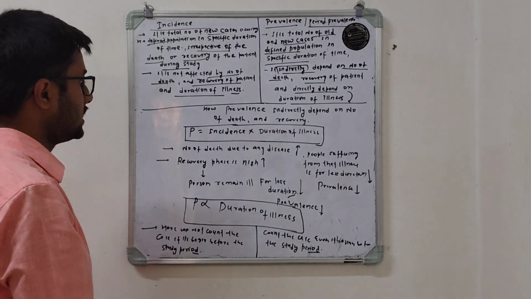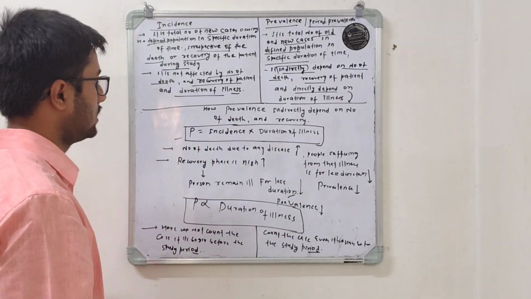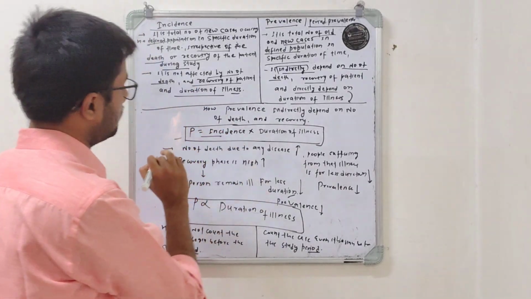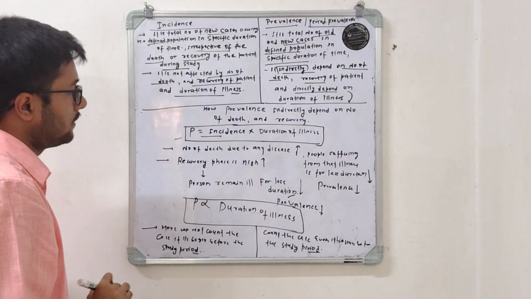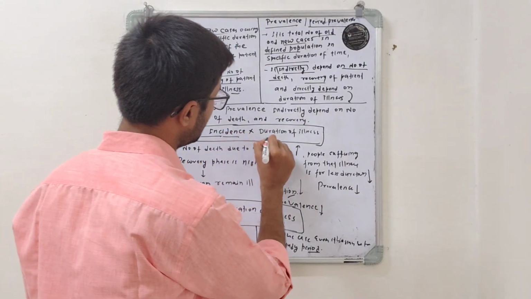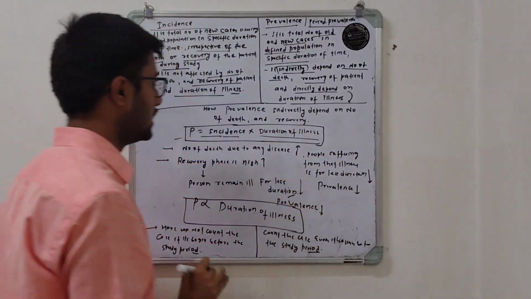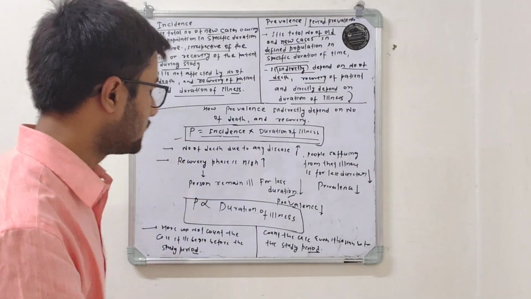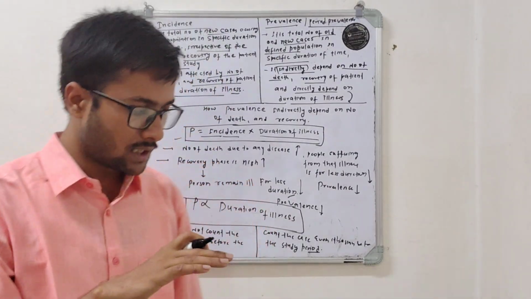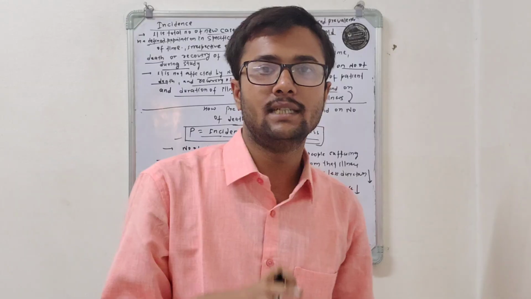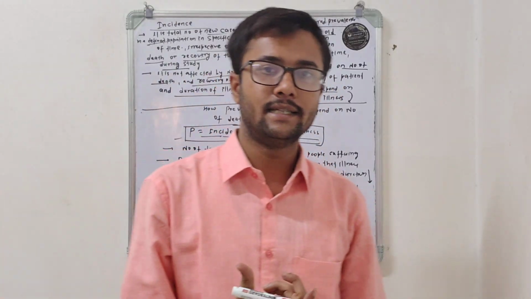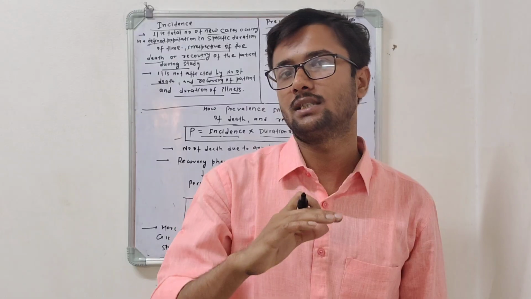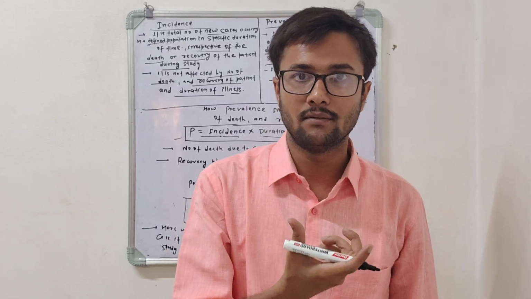So first, what is the formula of prevalence? The formula of prevalence is incidence into the duration of illness. So let's think. If the number of deaths due to any disease is more, it indicates that the disease is very fatal.